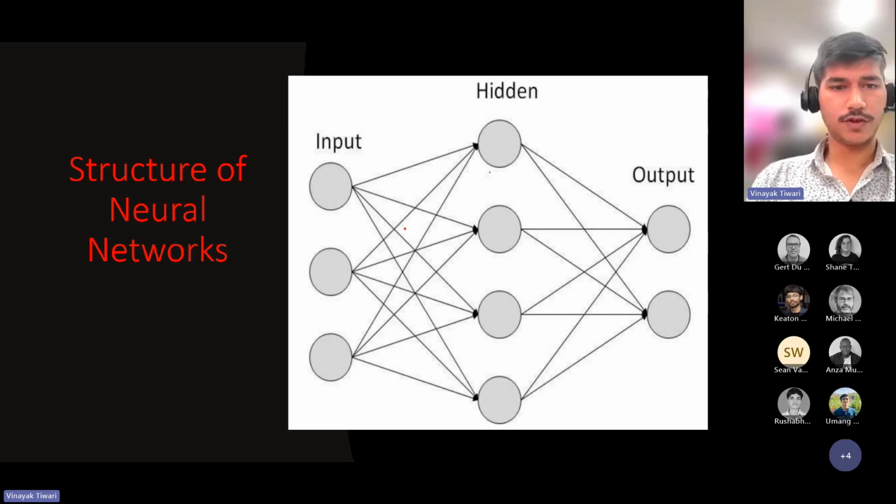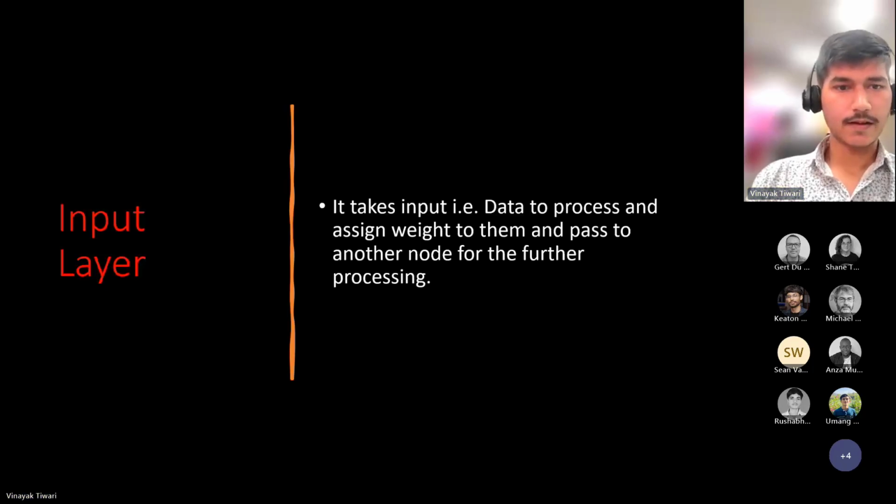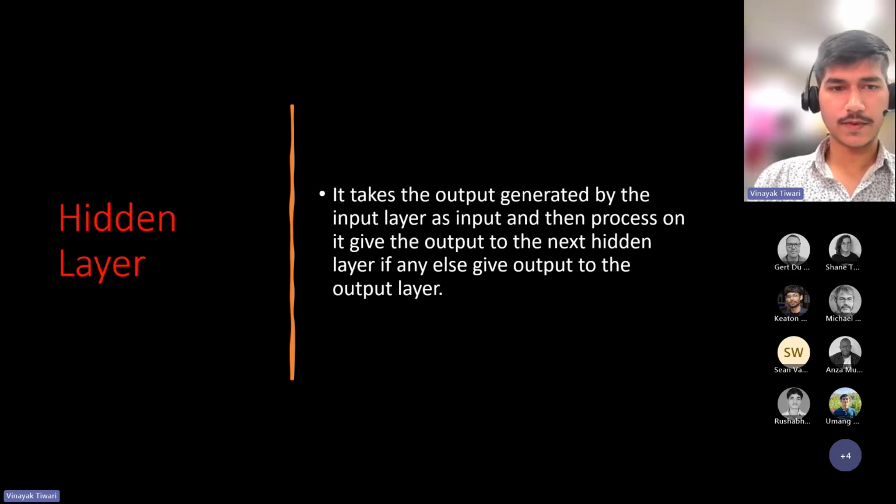So what is the input layer? It takes input from the outside world, the data to process. It assigns weights to them, and every node consists of an activation function which processes the input data and passes it to the next layer. The next layer is the hidden layer.